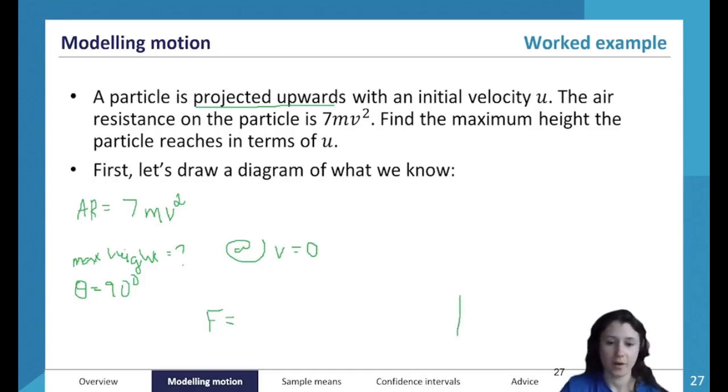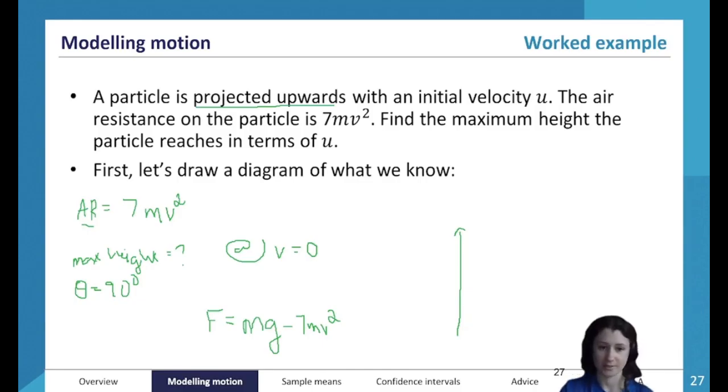If we have the particle being thrown upwards, and we think about the forces acting on it, we know that the net force is going to be mg, because that's the force due to gravity, minus the 7mv squared that we were given as air resistance.